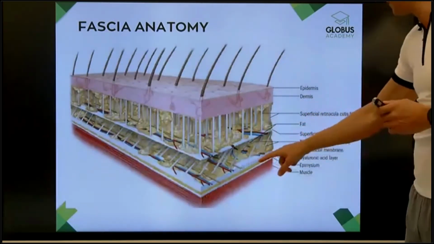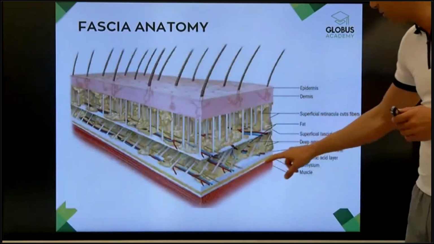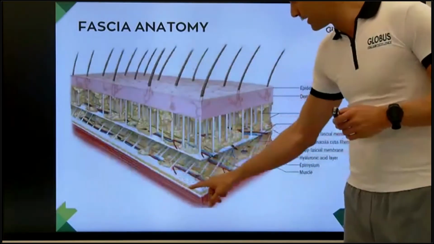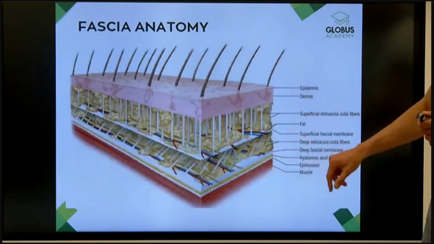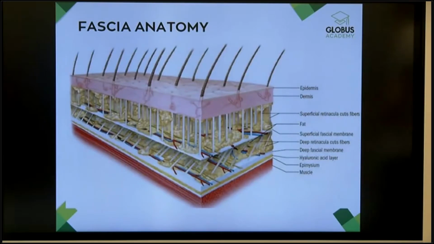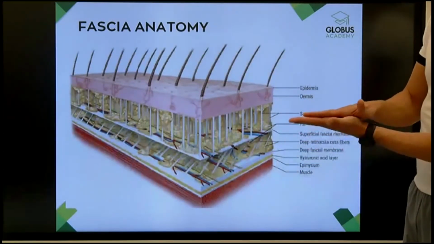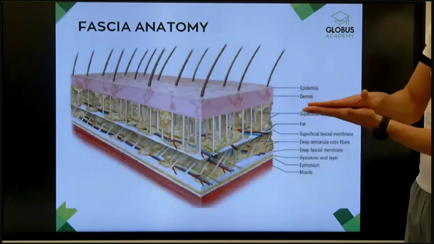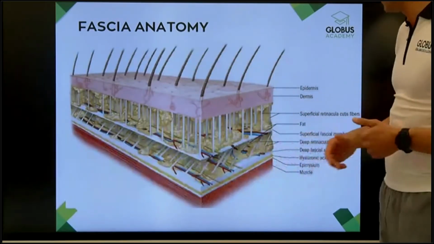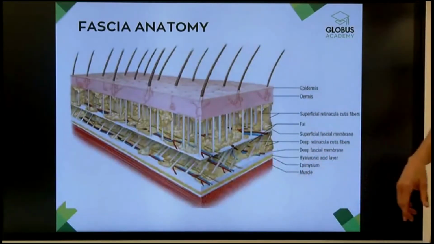Then we get the deep fascial membrane, this white here. Then we get this yellow layer here, that is hyaluronic acid, and then the third fascial layer, that is the epimysium. With this layer here, we permit the sliding of the tissues one over the other, in this case of the deep fascial membrane over the epimysium.